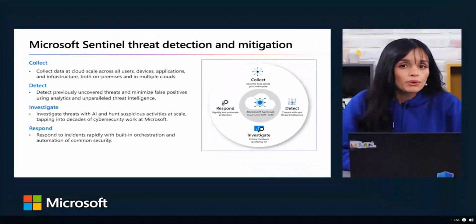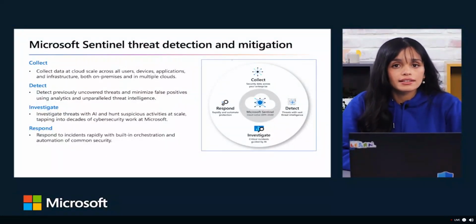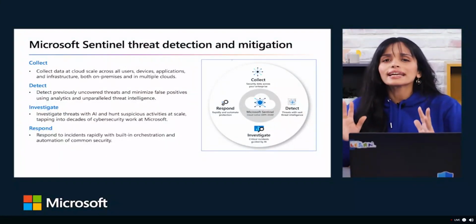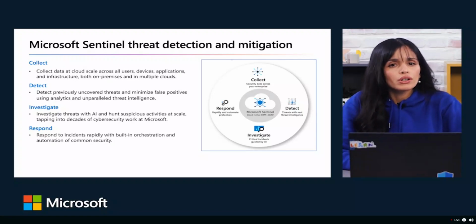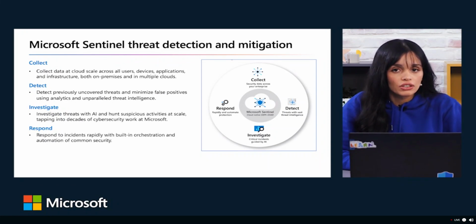The third step, we investigate threats with AI and hunt suspicious activities at scale, tapping into decades of cybersecurity work at Microsoft. Finally, we respond to incidents rapidly with built-in orchestration and automation of common security tasks.